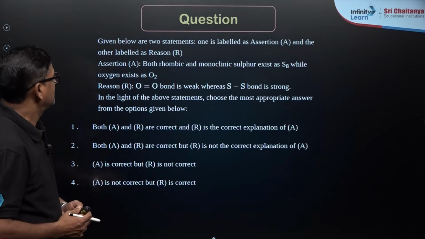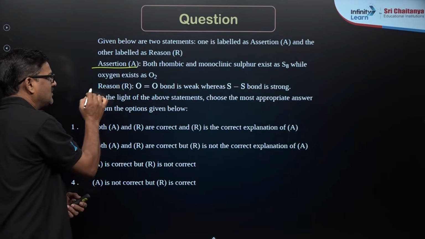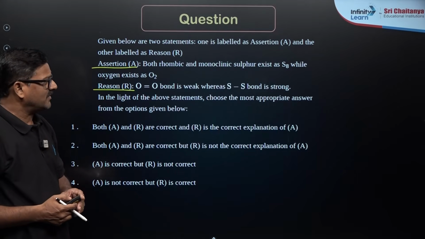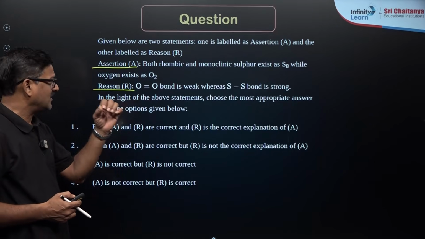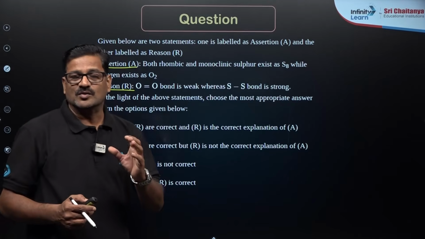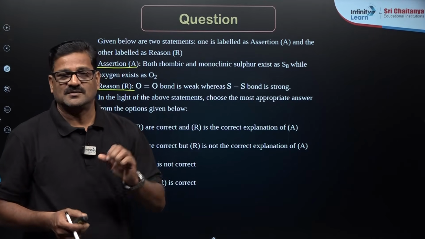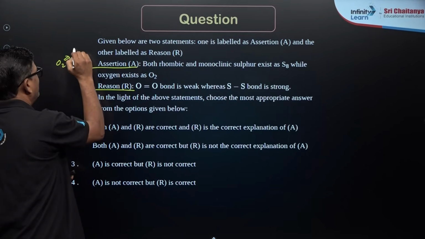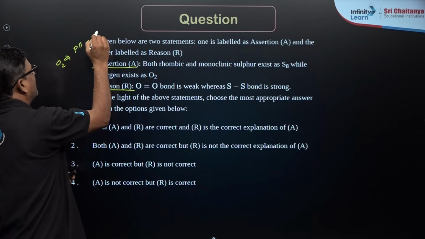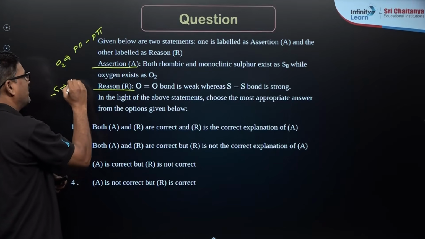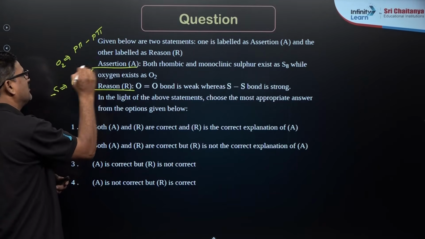Students, this question is an assertion and reason question. Both rhombic and monoclinic sulfur exist as S8 while oxygen exists as O2. Oxygen is a small atom and oxygen can make p pi multiple bonds, while sulfur cannot make p pi multiple bonds.